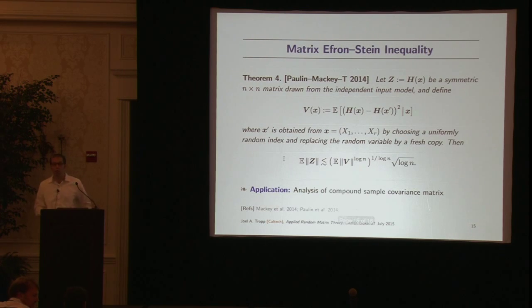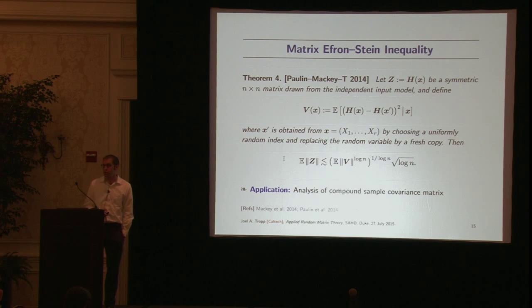And I want to mention one other result that we developed this year, which is a sort of extreme extension of the bounded difference inequality, which we call the matrix Efron-Stein inequality. This is joint with Daniel Paulin, a postdoc at NUS, and Lester Mackey, who's an assistant professor in statistics at Stanford. And both of them are really the drivers behind this result.